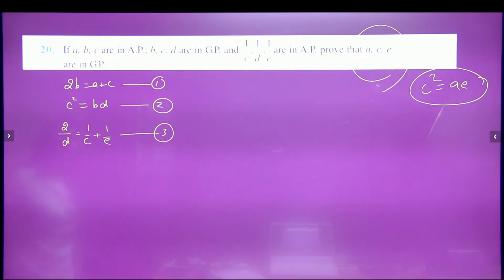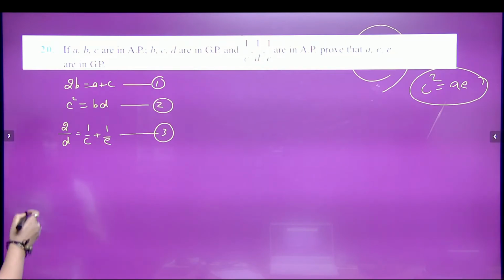So what we can do here, it is 2 by D, and do we know the value of D? Wait, 2 by D is equal to 1 by C plus 1 by E. So the value of D should be, what should be the value of D?